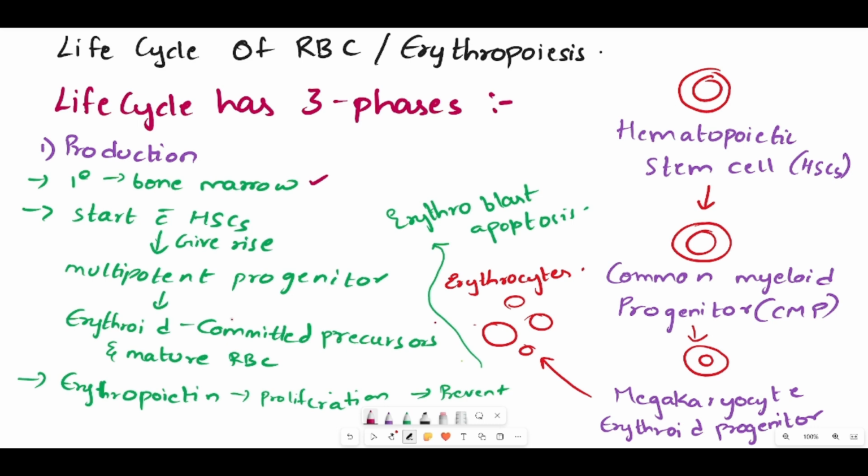Then it gets converted into erythroid committed precursors where it matures into RBC. Then it leads to erythropoietin, and this erythropoietin is the primary regulator of erythropoiesis, which will be leading to the proliferation of RBC. Once the RBC gets proliferated, it will be preventing erythroblast apoptosis. So that is all about the first phase.